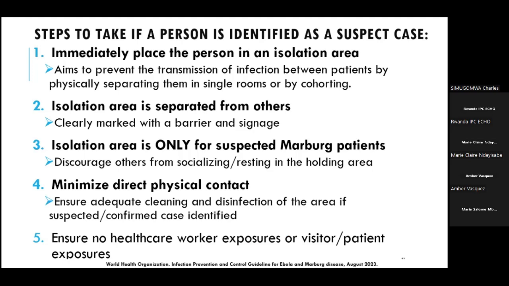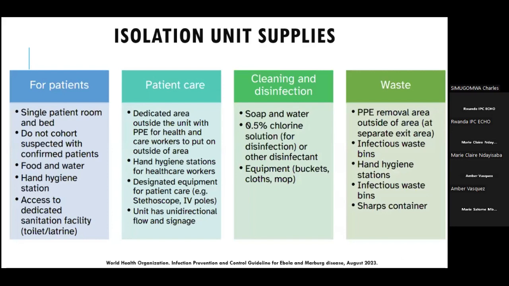So what do we need to have in isolation? We must have equipment for the patient, items for patient care, items for cleaning and disinfection, and items for waste management. It is preferable to have a single room with one bed, and preferably self-contained. It is advised not to cohort suspect and positive cases so that we do not suffer from cross-contamination.